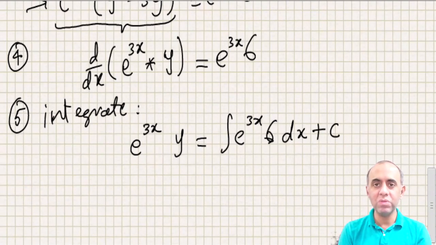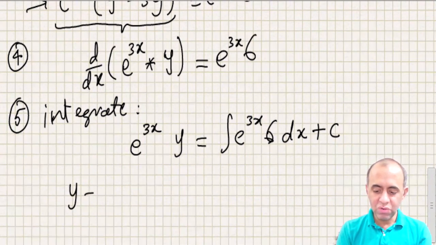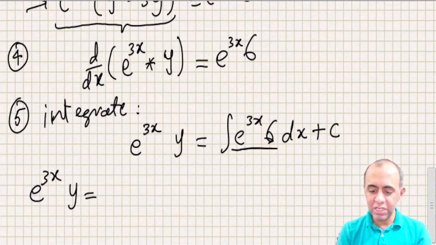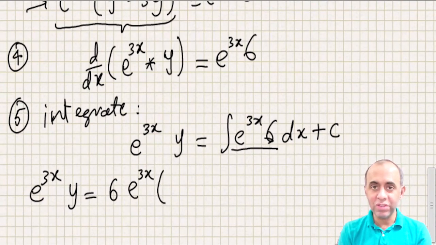Now this is very important because this is the first time we're going to see a constant of integration in this question. So e to the power 3x y is equal to, what would be the integral of this? 6 would come out of the integral, and the integral of e to the power 3x is e to the power 3x divided by the derivative of 3x, which is 3, plus c.